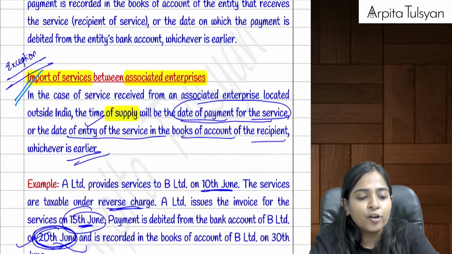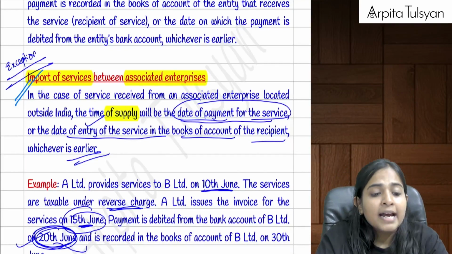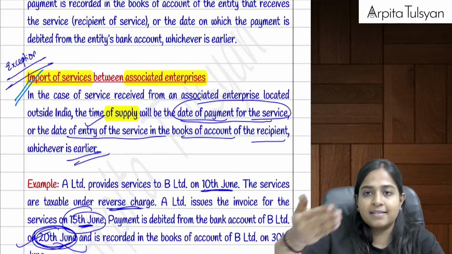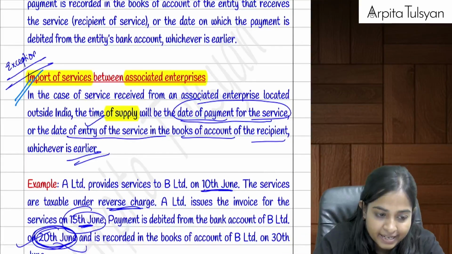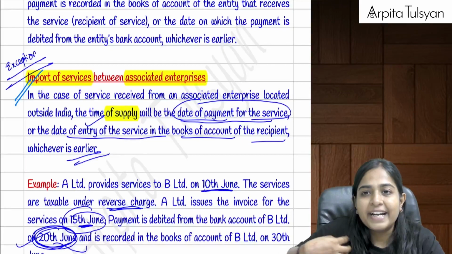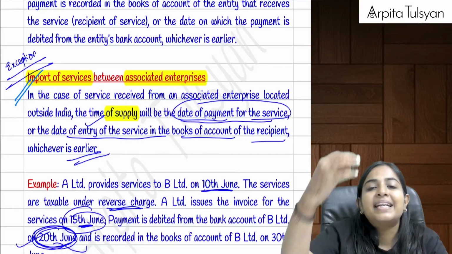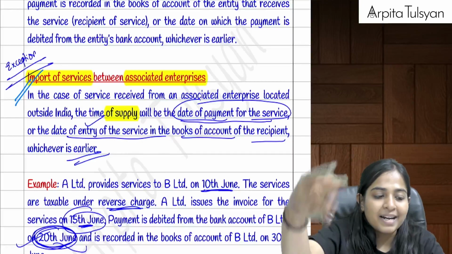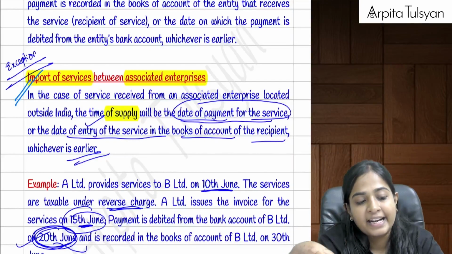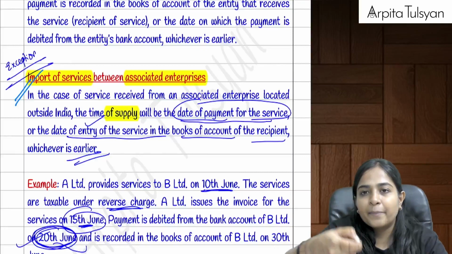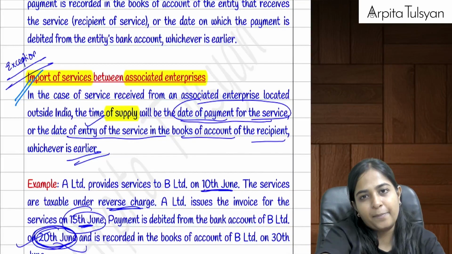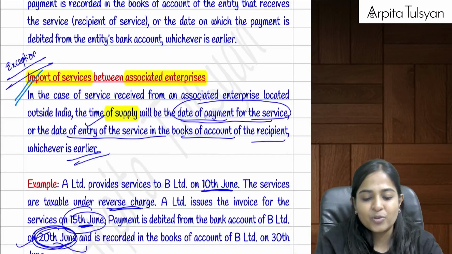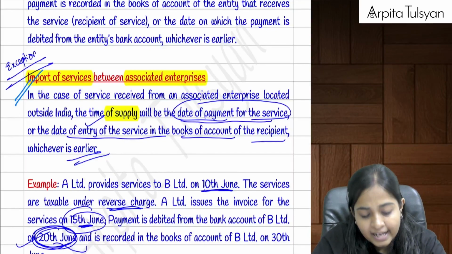For your simplicity, associated enterprise in relation to the other enterprise is where one enterprise participates directly or indirectly in the management of the other enterprise or in the capital of the other enterprise. Then these two enterprises will become associated enterprises.